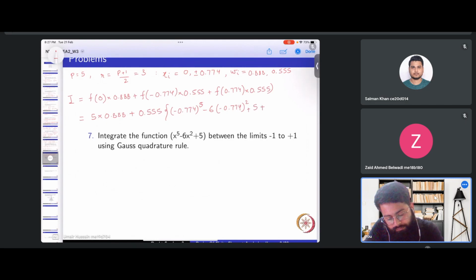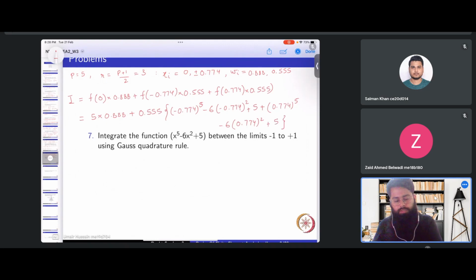Then we have the value of the function at plus 0.774, so we have 0.774 to the power 5, then minus 6 times 0.774 squared, again plus 5.